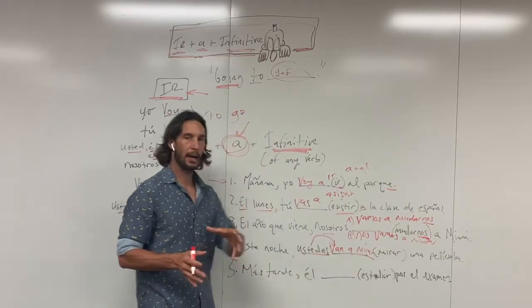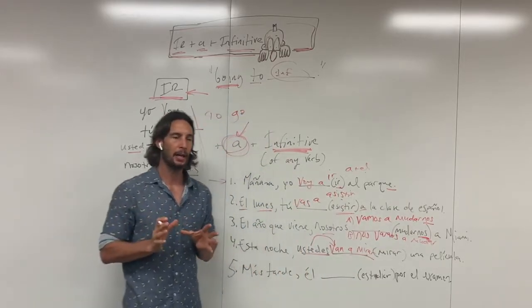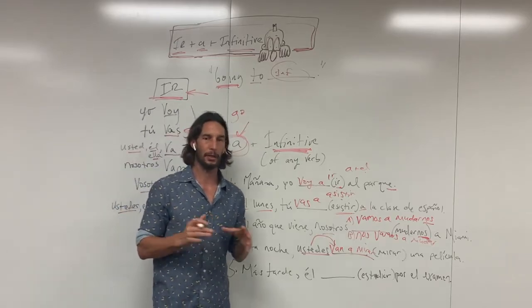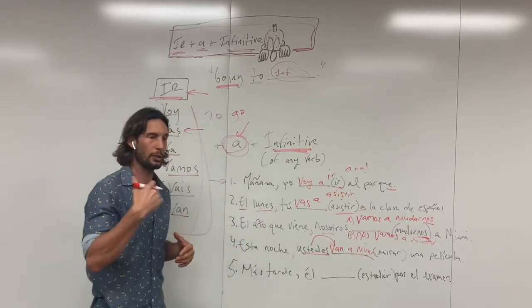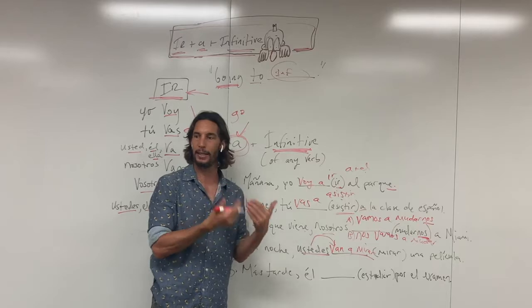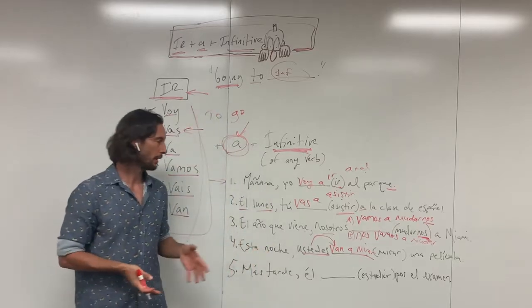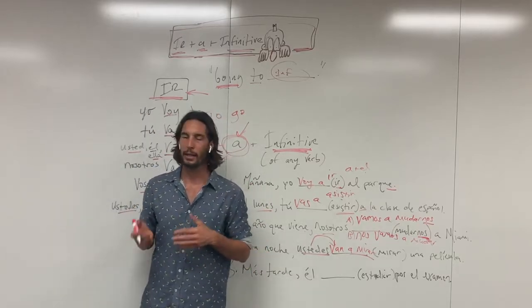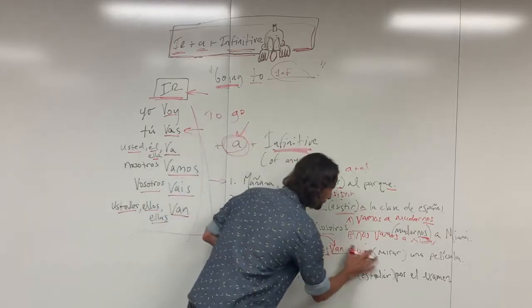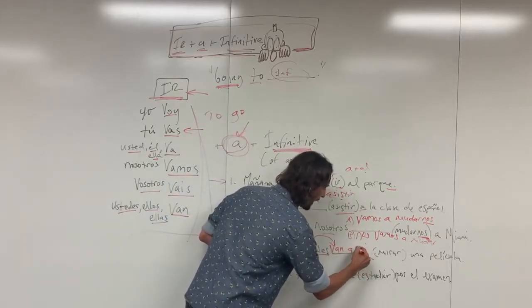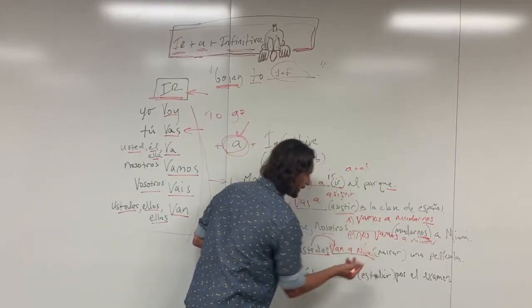So again, I'll pause and say that a common mistake, as you guys are beginning to learn this, because again, as I've already said, you're so conditioned to conjugate everything up until this point. A common mistake would be to say, van a miran, for example, right?